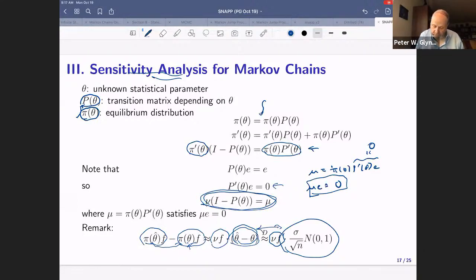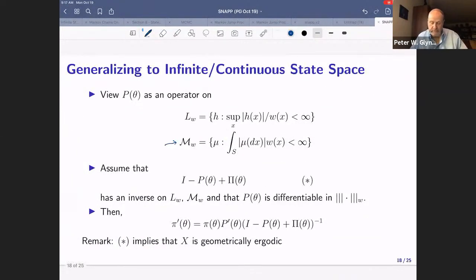And in order to do that, we'd like I minus P of theta to have an inverse on the solution space of Poisson's equation, the set of mu's that have this property. And you can do that by assuming that I minus P of theta plus the rank 1 operator capital pi of theta has an inverse on these spaces LW and MW, and that the transition matrix or transition kernel P of theta is differentiable in the suitable norm on this space. And the proof is very straightforward, relatively easy to do.